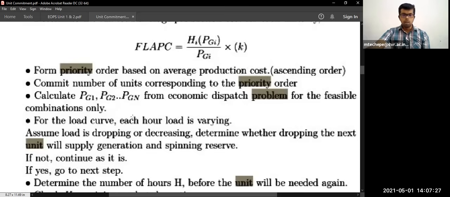Next, for the load curve, each hour is varying. Assume always that the load is dropping or decreasing.